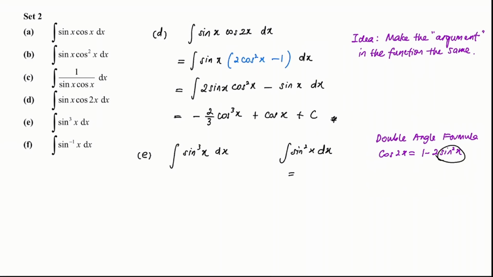So making sine square x the subject, over here I will get half, 1 minus cosine 2x dx. And because of this, I can integrate this to x plus sine 2x, or still minus.